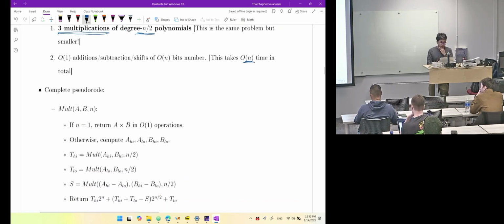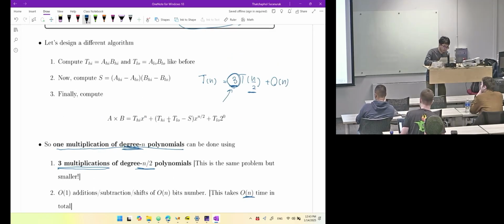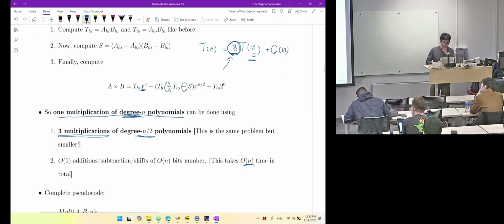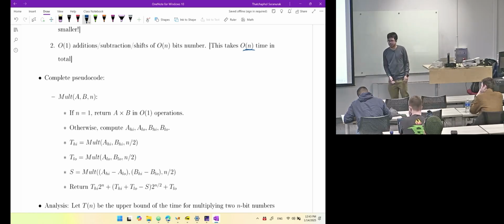Okay. What does the O of n represent? Order of n here is for adding and subtracting polynomials of degree around n and for shifting polynomials of degree around n. Okay. All right. So this is just pseudocode, but I'm just going to skip it.